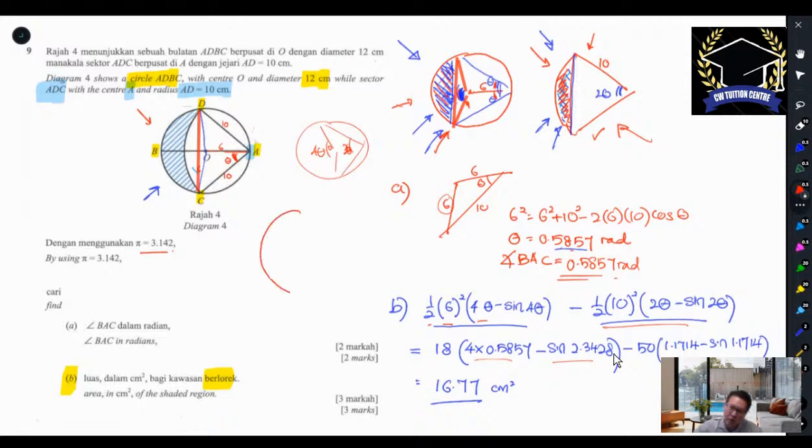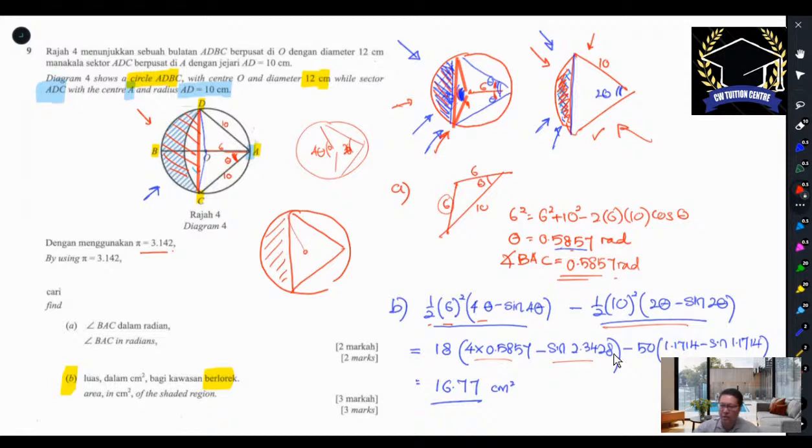So here, the question is asking for the shaded area. We are actually finding the big area here, the whole area here, by using the full circle. Find the segment.